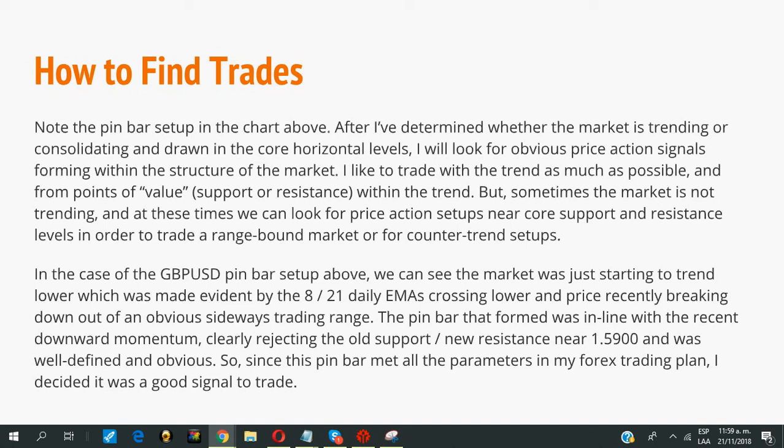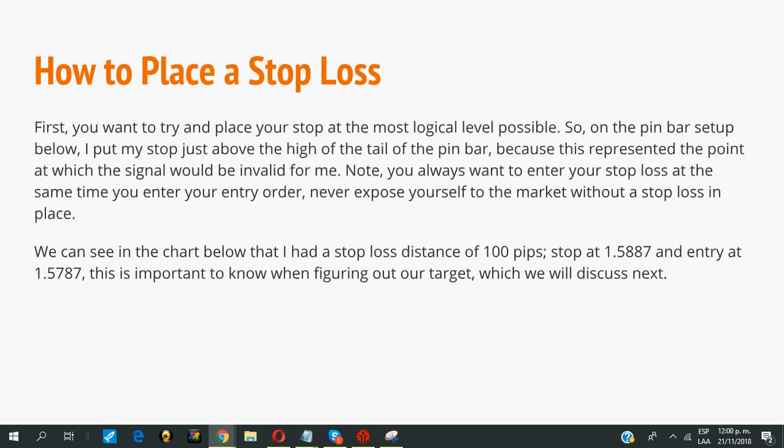The pin bar that formed was in line with the recent downward momentum, clearly rejecting the old support, new resistance near 1.59, and was well defined and obvious. So since this pin bar met all the parameters in my Forex trading plan, I decided it was a good signal to trade.